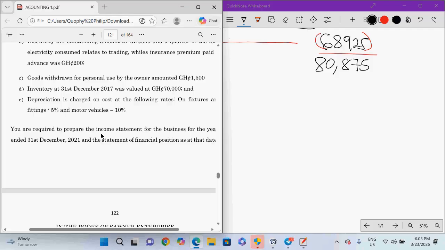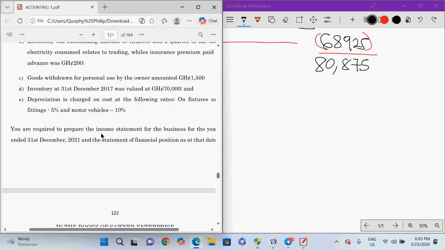So, Stephanie, from what you are saying, does it mean that we're supposed to apply the goods withdrawn 1,500 at the operating expense, since you said you saw it in your tutorial? Please, now I thought the drawings and the goods withdrawn were the same thing.